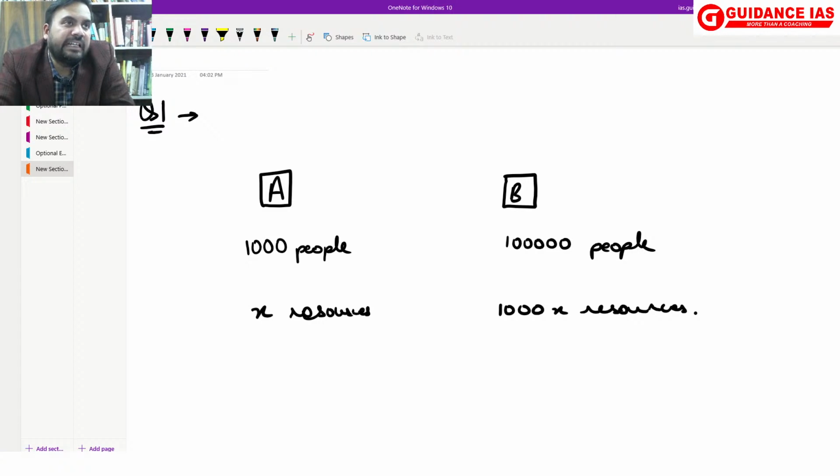Now tell me, which of these is less overpopulated? Tell me.